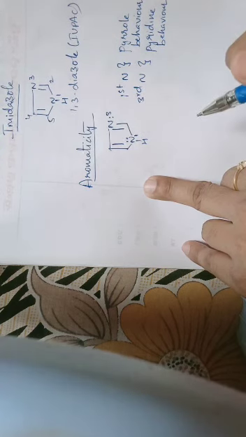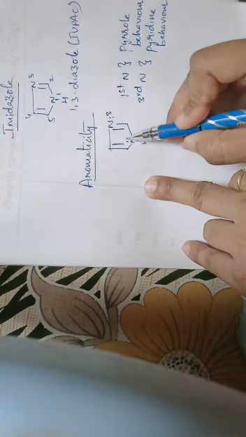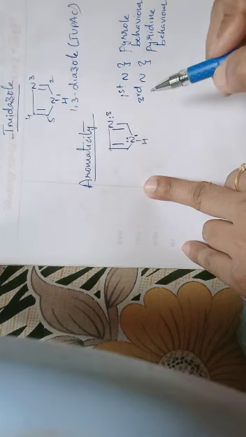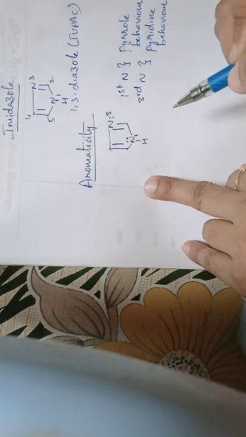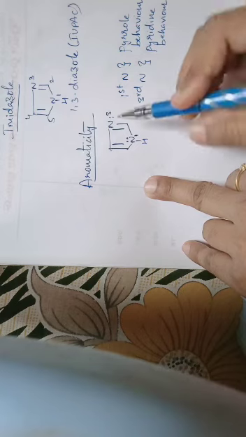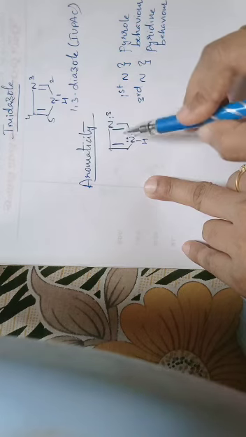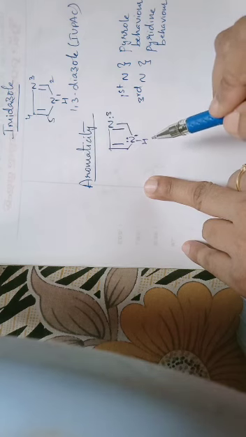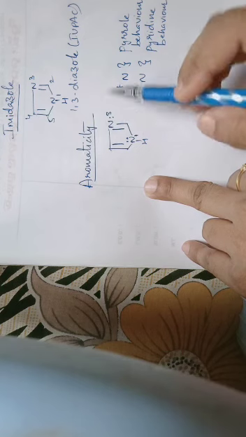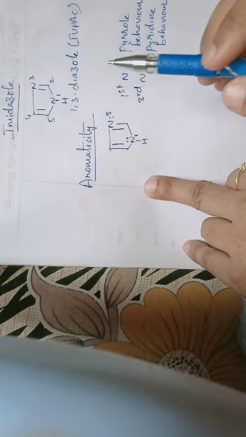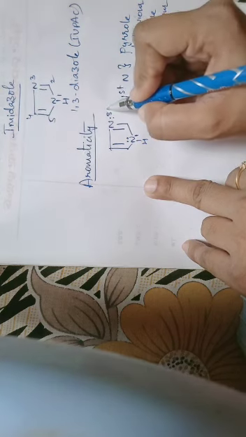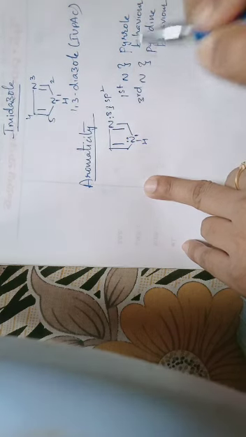What is this pyrrole and pyridine behavior? Once again I am repeating, the lone pair on the first nitrogen is present inside the ring, left unhybridized, and it is involved in pi bond formation. On the third nitrogen, the lone pair is outside the ring, which indicates it is involved in sp2 hybridization.